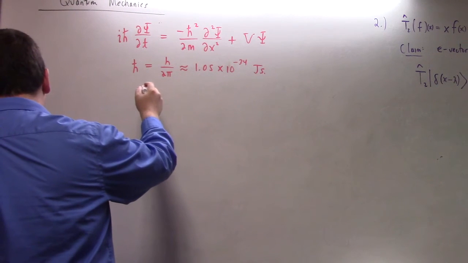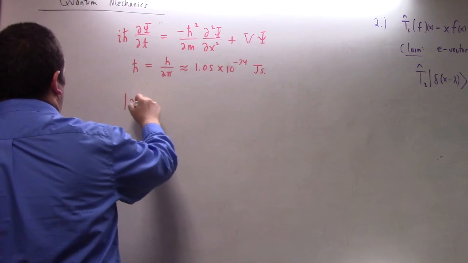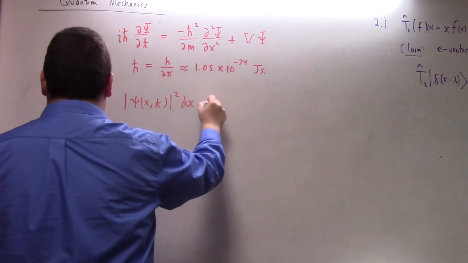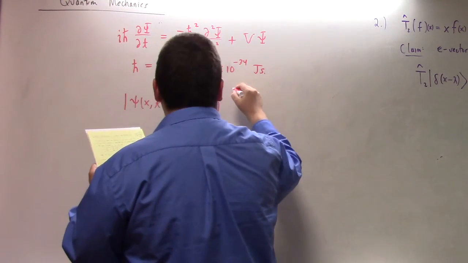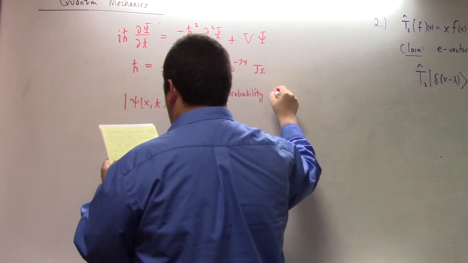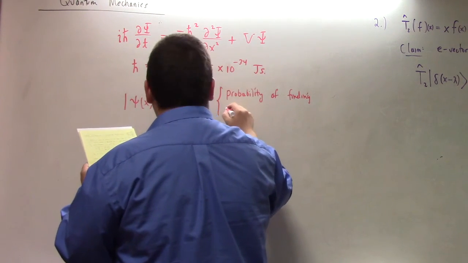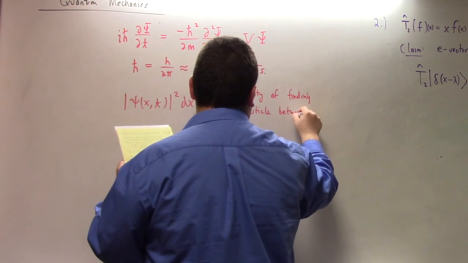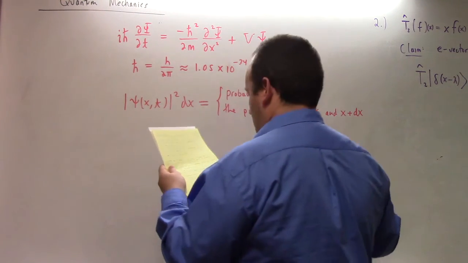Now, what does psi mean? Here's the interpretation. Psi of x comma t squared dx is the probability of finding the particle between x and x plus dx at time t.